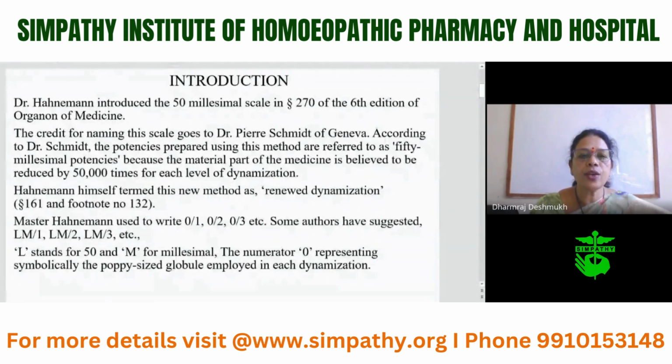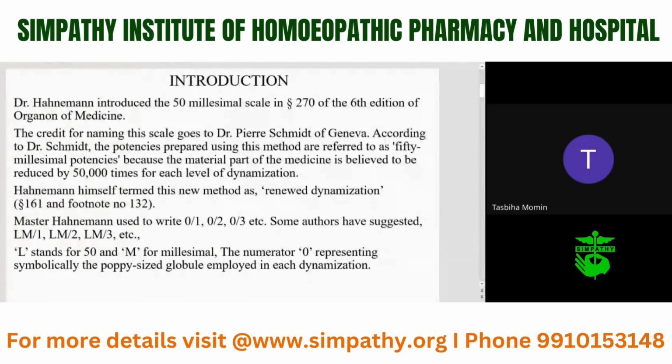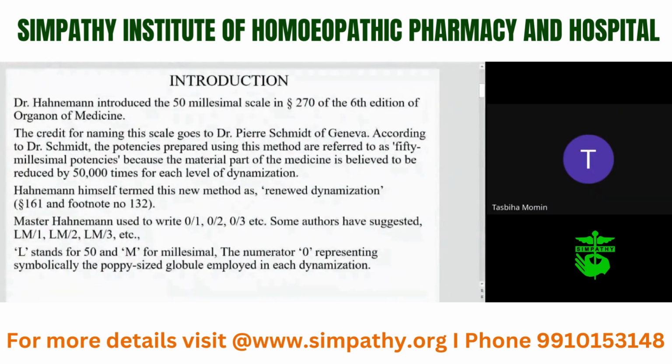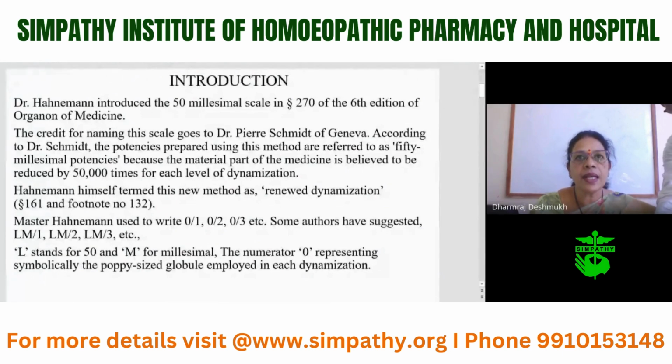For that you have to take one part of the 0/1 potency, and first you have to medicate the poppy seed size globules. Those poppy seed size globules, approximately 500 in number or about 65 milligrams, are first medicated with the 0/1 dilution or potency which you have just prepared.